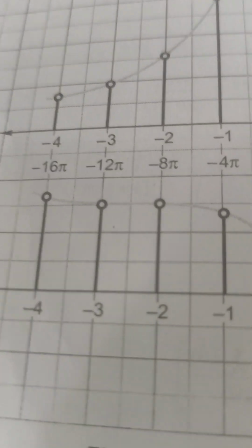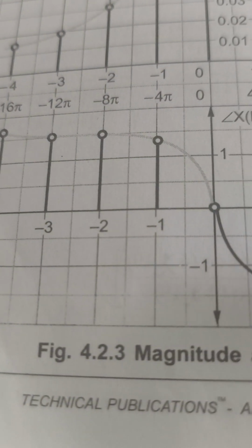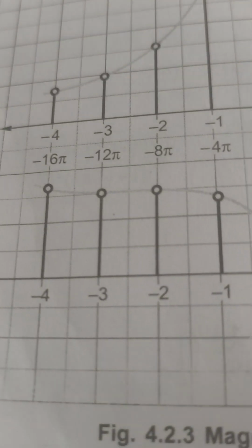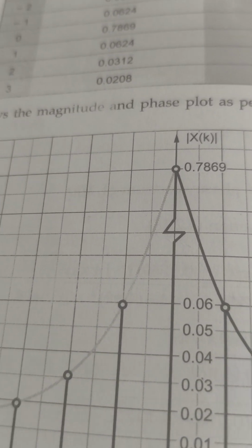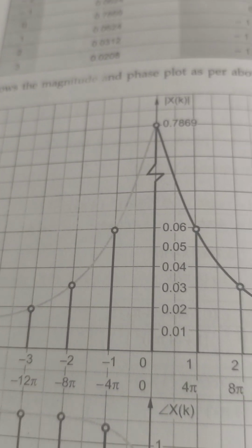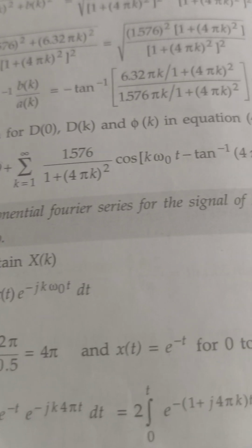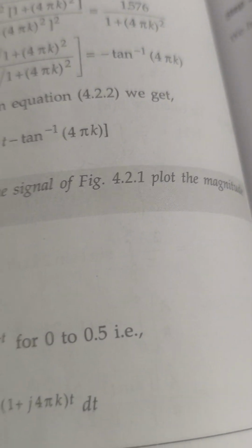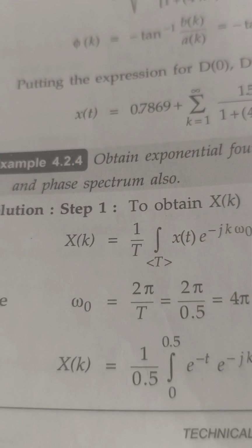Then this is your phase spectrum. This is the magnitude spectrum of the signal X[k]. So, obtain the exponential Fourier series for the signal and plot the magnitude and phase spectrum also.